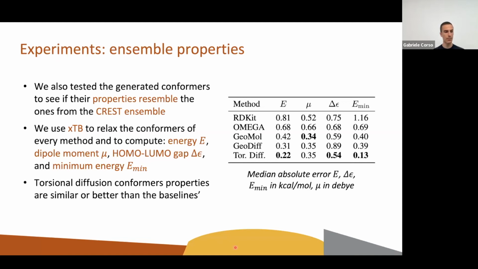But I think for sure, and from the experiments that we've seen, torsion angles are probably one of the most critical components. Bond lengths and angles, which RDKit is very good at, but so are Omega and GeoMol, are very simple predictions.